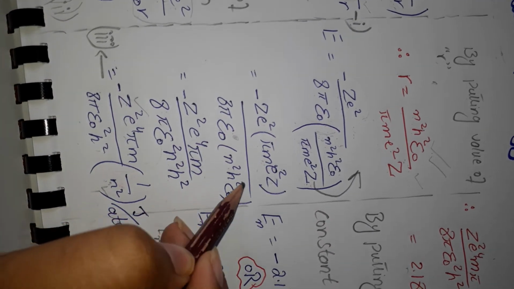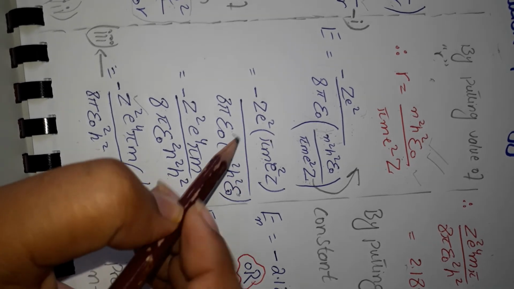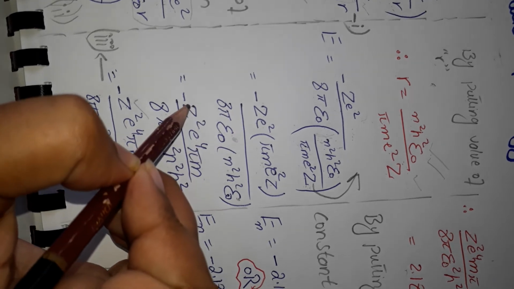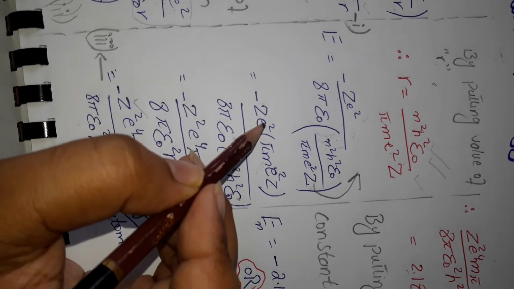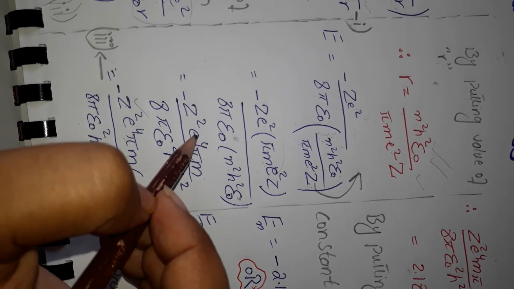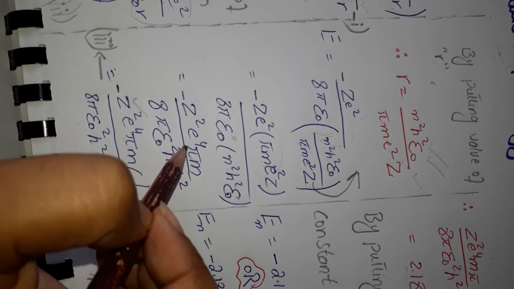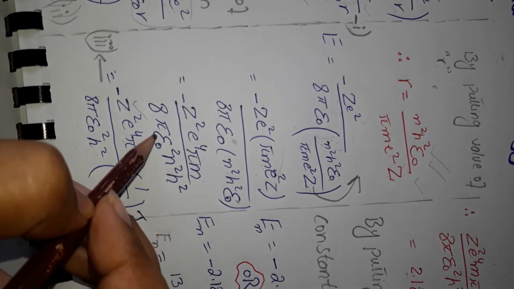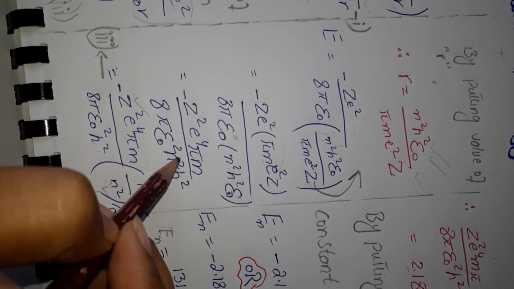So here is another equation, and now you can see that there are two Z, so you can multiply them, and it will become Z square. There are two e square, so you can multiply both, and it will become e to the power 4. Another is pi m divided by 8 pi epsilon naught n square h square.